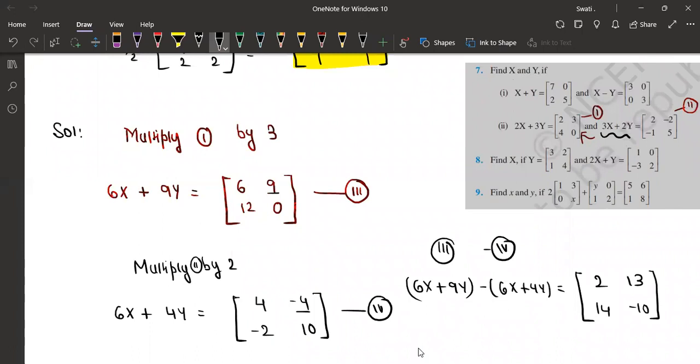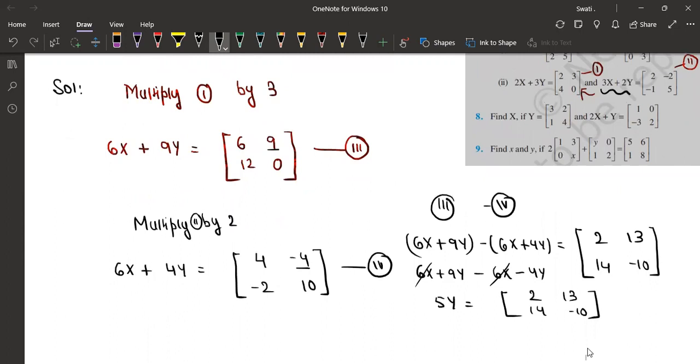All right. Now clearly here you can see that if you simplify this, so this will become 6x plus 9y minus 6x, minus into minuses, sorry, minus into plus is minus 4y. Clearly this and this will get cancelled. So we are getting 5y equals this 2, 13, 14, negative 10. We have still not found y.